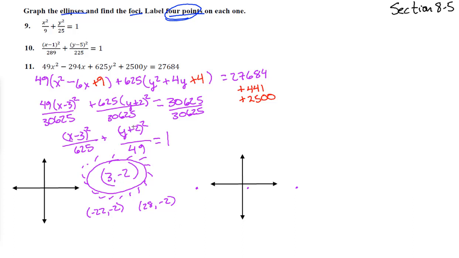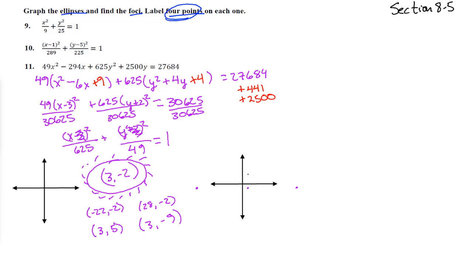Now on the y's, if you ignore the negative 3 and the 2, we've already taken care of that, that's going to be our center. So if the x's are 0, then the y's would have to be 7 and negative 7. So that would be 3, go up 7 gives you 5, and go down 7 gives you negative 9.